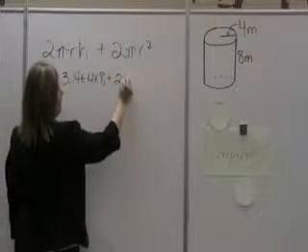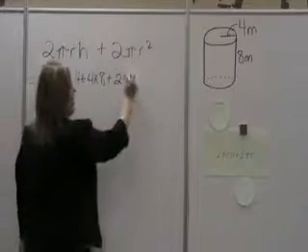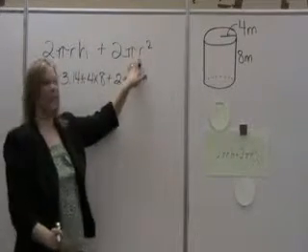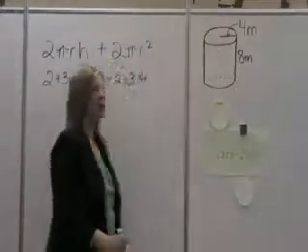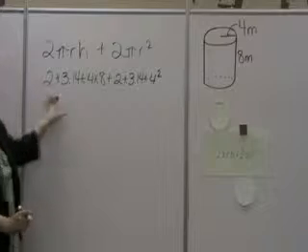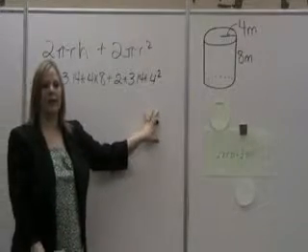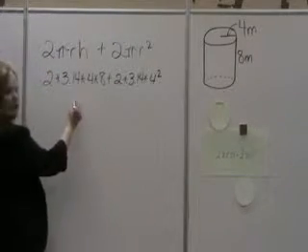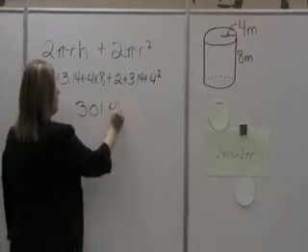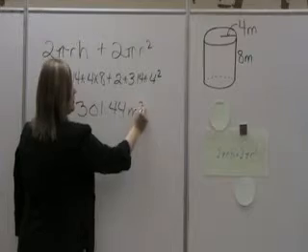Plus 2, 3.14 for pi, times my radius squared, and again my radius is 4. Once you have that in there, you can just take your calculator and type it all in, and you should get an answer of 301.44 meters squared.